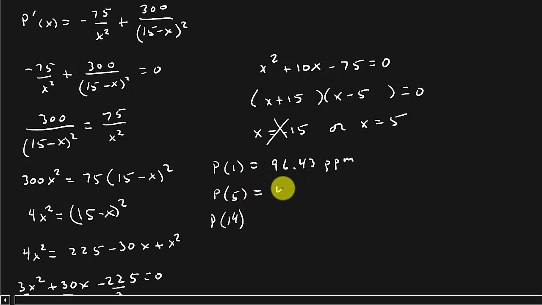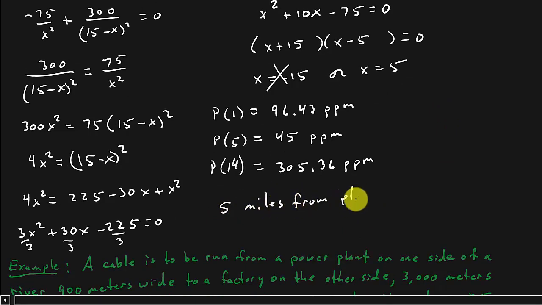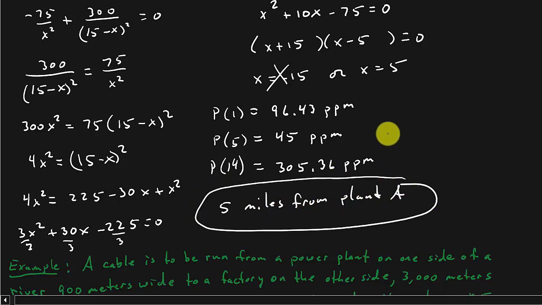This is going to be 45 parts per million, and the 14 is going to be 305.36 parts per million. So we would say 5 miles from plant A, because that was your minimum right there. That was your absolute minimum.